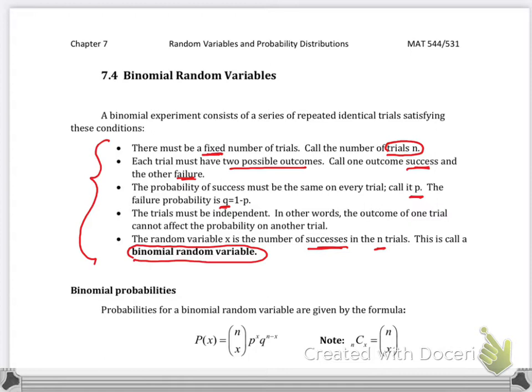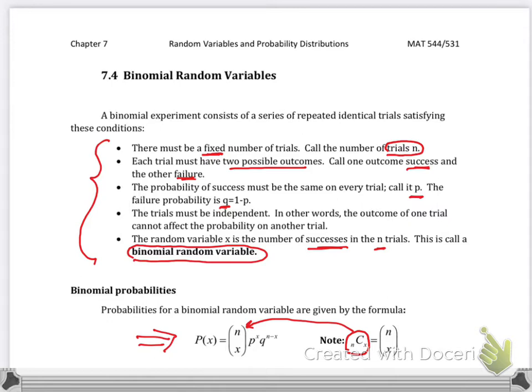All right, so in terms of figuring out the formula, this is what we're going to use. The probability of x happening equals this. Remember we used this before? So this is for combinations, not permutations.